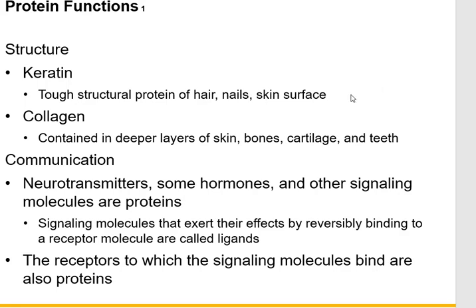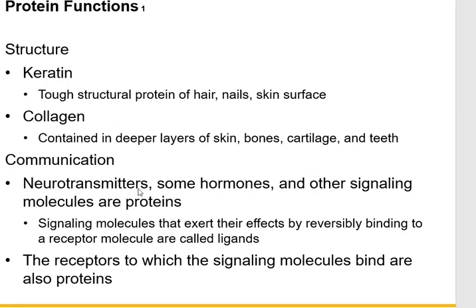The next few slides summarize some of the stuff that you use proteins for. The keratin that makes up our hair, our nails, and the outer waterproof layer of our skin. We have collagen, which is holding our skin and bones and teeth together.